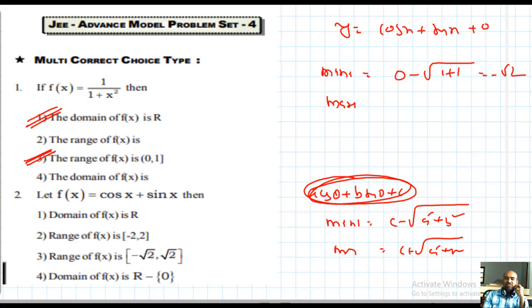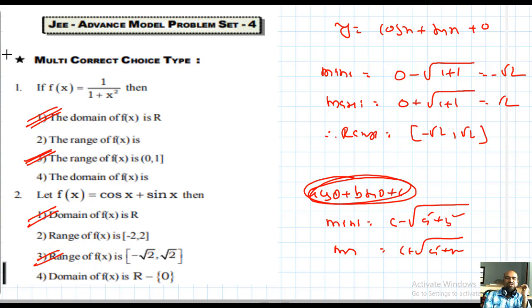The maximum equals c plus root over 1 square plus 1 square, that is root 2. So the range equals closed minus root 2 to closed root 2. Okay, this is the range. The domain is all real numbers. Again 1 and 3 is the answer for problem number 2.